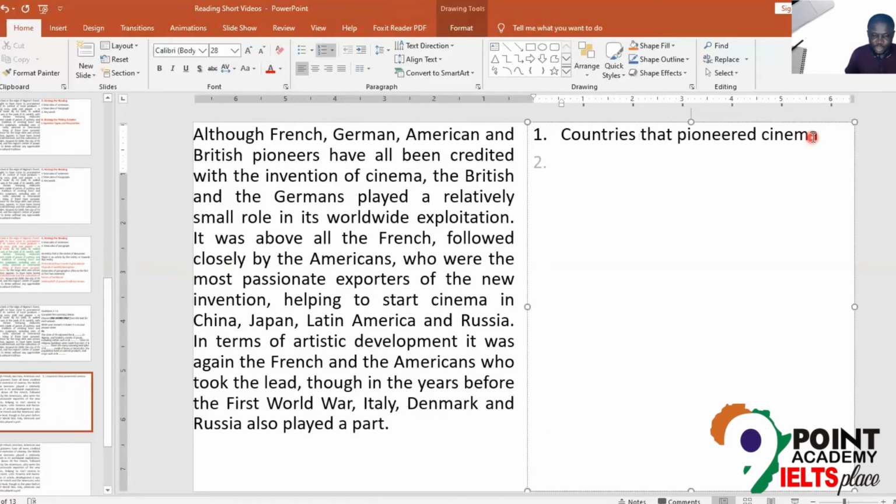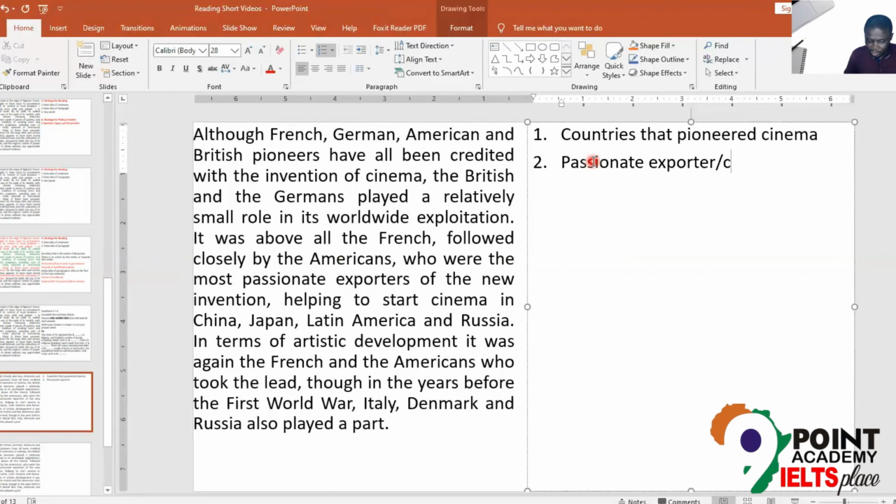So in the second one, it says, because it was above all the French, followed by others, who were the most passionate exporters of the new invention. Passionate exporter.